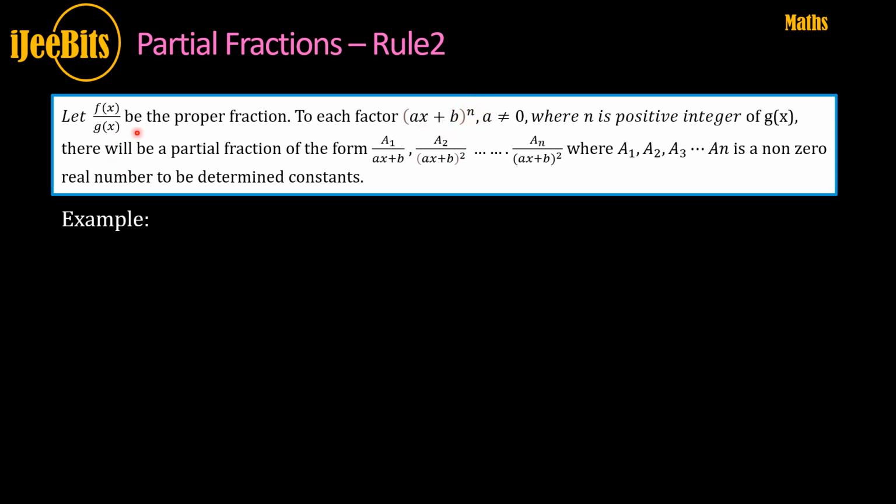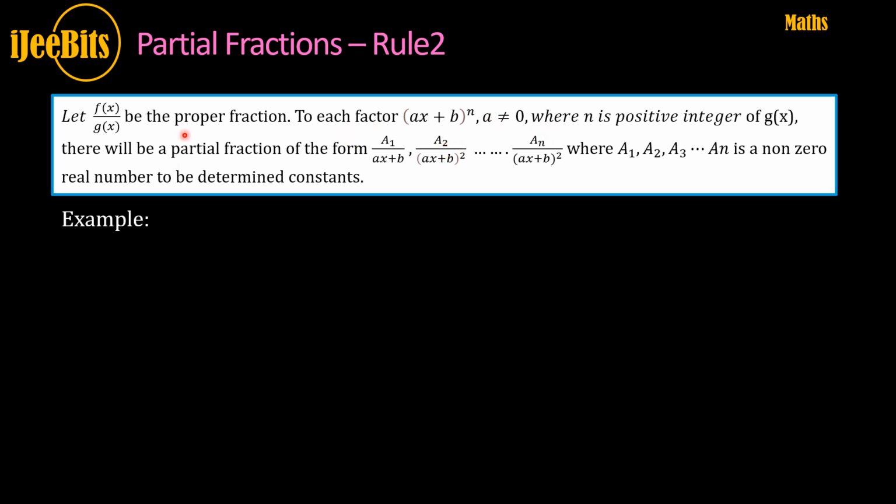In that case, there will be a partial fraction in the form of a1 by ax plus b, a2 by ax plus b square, and so on, up to the nth term, an by ax plus b whole power n, where a1, a2, a3, a4 till an are constants, non-zero real numbers.